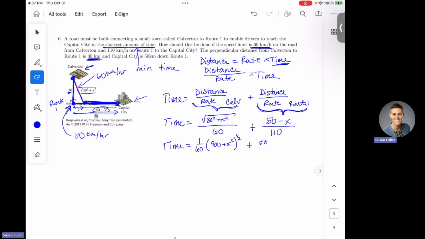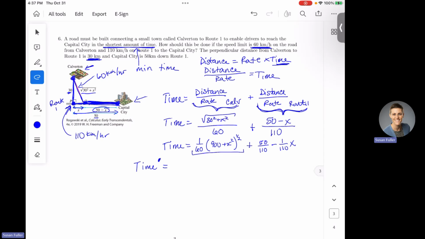So I'll have 50 over 110 minus x over 110, but I'm going to think about that as 1 over 110 times x because my brain's going to like that better to do the derivative. Okay, algebra's done so that this is in a better place to do the derivative with. Here we go. Let's start taking derivatives.